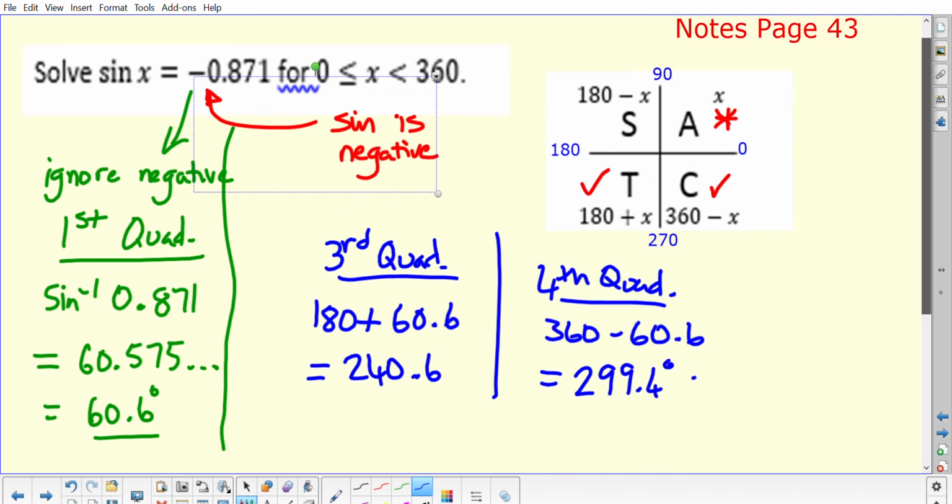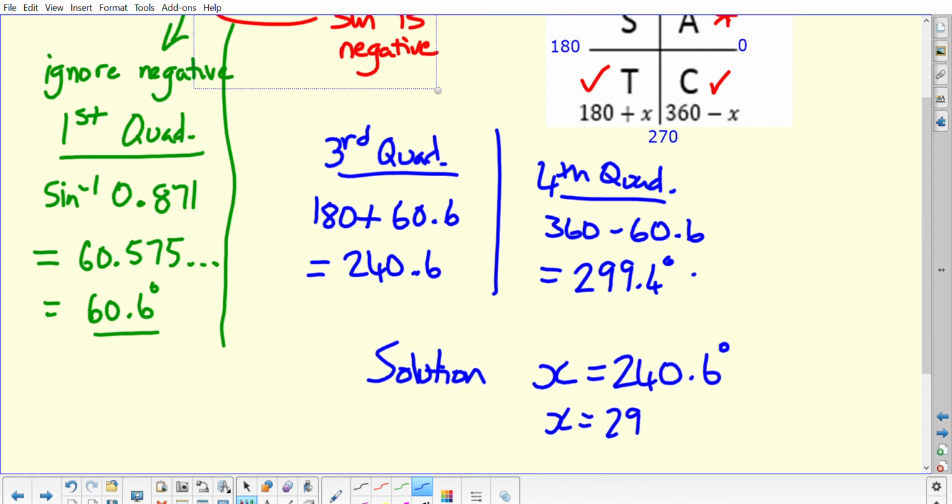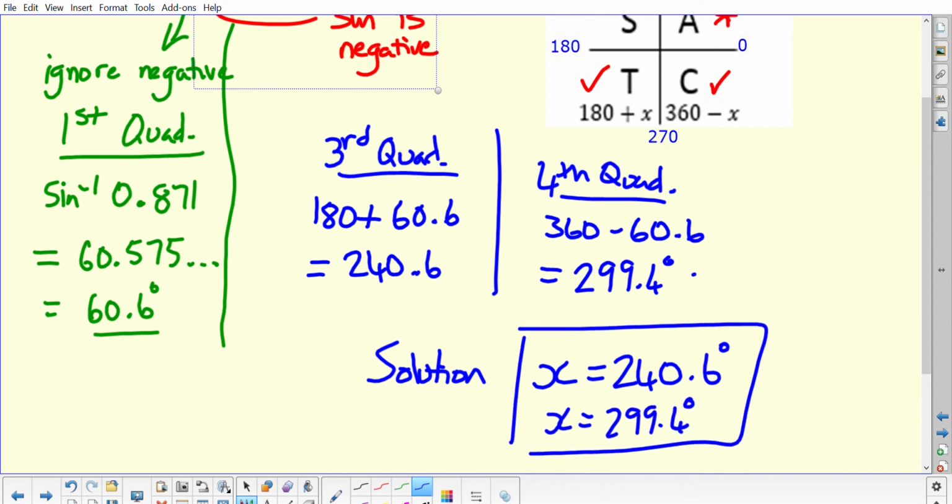So for your two solutions, make sure you don't use the first one here, you'd end up with solution x equals 240.6 degrees and x equals 299.4 degrees, and that's your two values.